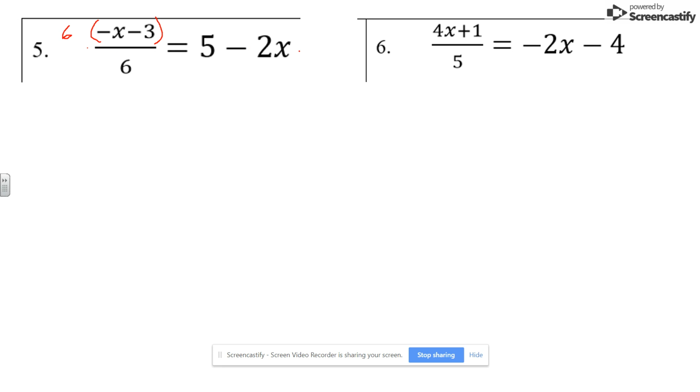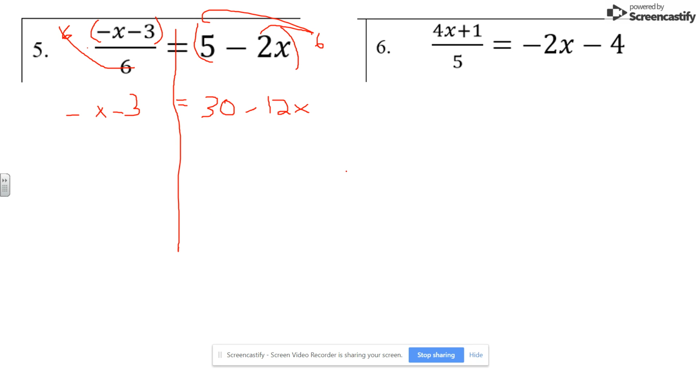So I'm going to multiply both sides by 6, parentheses around it. So I have negative x minus 3 equals 30 minus 12x. Again, this is why you practice the distributive property. It's going to make other things easier. Now it's an equation. I've changed it to an equation that you know how to solve.